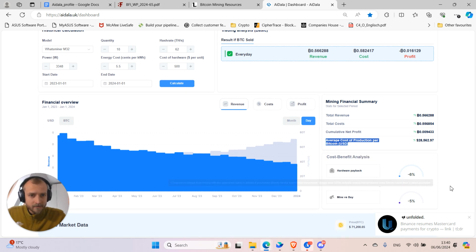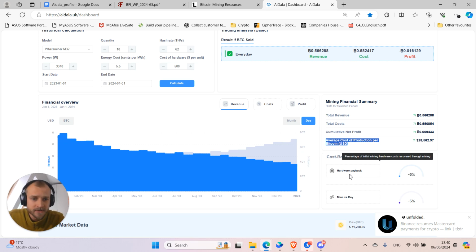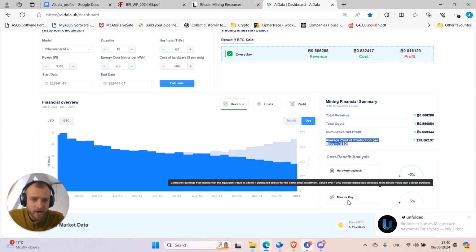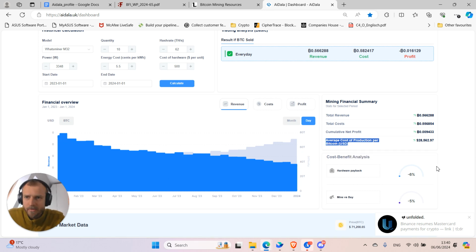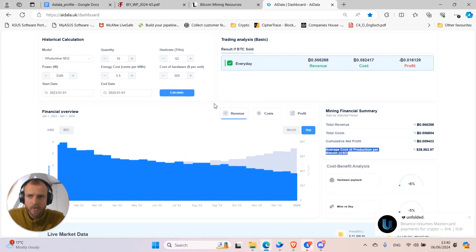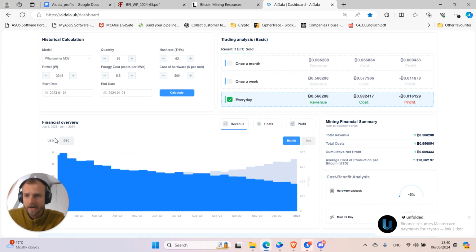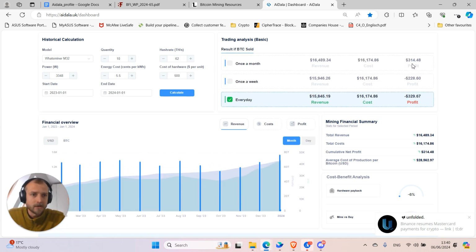And the last but not least area is this famous ROI. We are looking at it from two angles: hardware payback and mine versus buy. Hardware payback just means that when you look at your initial investments, 10 multiplied by 500 in this case, $5,000, and you compare it with how many dollars you earned so far, so it's only $300.